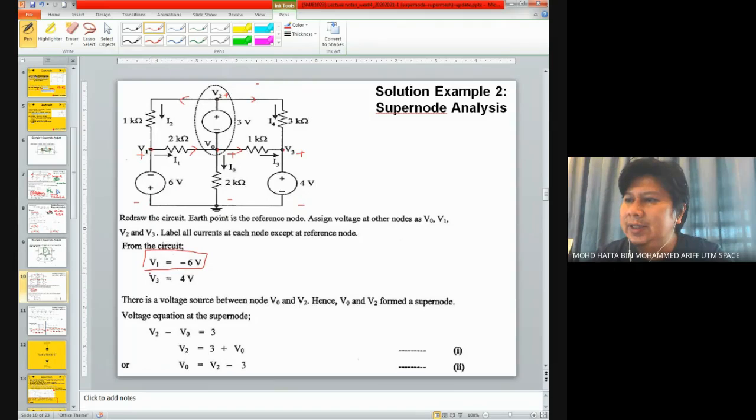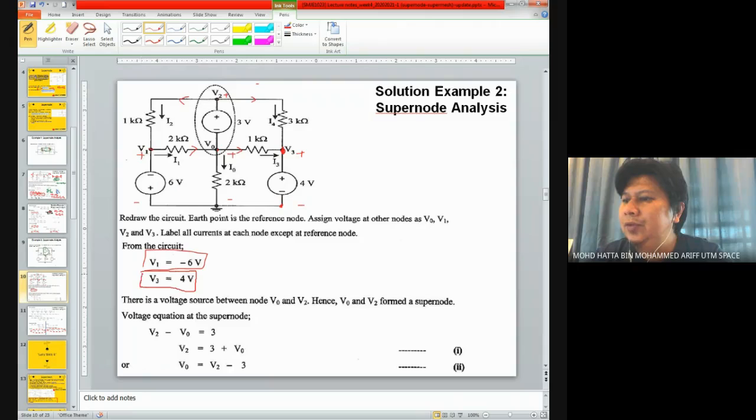And for V3, we have a 4-volt voltage source connected directly to it. So we can consider from this V3 positive terminal towards the reference node as 4 volts.